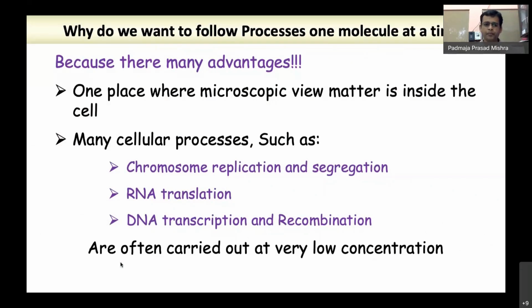But at the same time, many cellular processes are often carried out at very low concentration and at single molecular level. For example, chromosome replication, segregation, RNA translation, DNA transcription and recombination, and many more.